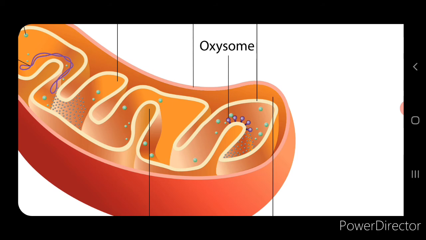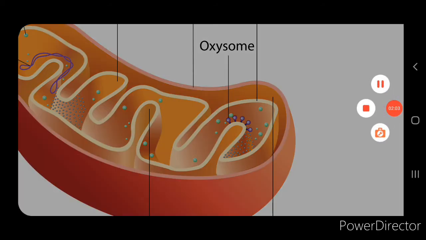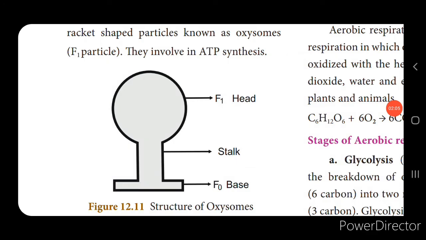And let's see in detail about the cristae, and let me show you the structure of oxysomes. Now the cristae is the finger-like projection present in the inner membrane, folded inside, isn't it?